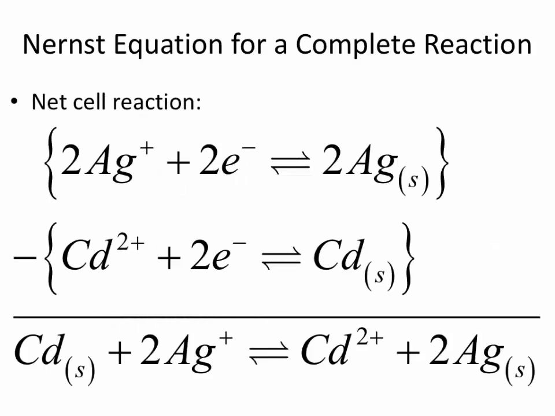Now when we write the net cell reaction, we have our reduction reaction, where we have our silver being reduced to solid silver, minus our oxidation reaction, which again is written here as the reduction reaction, which is the same thing as plus our oxidation reaction, and that gives us our overall reaction down here.